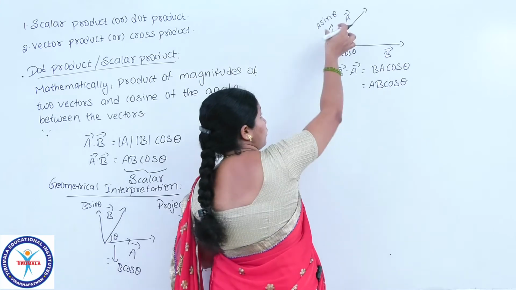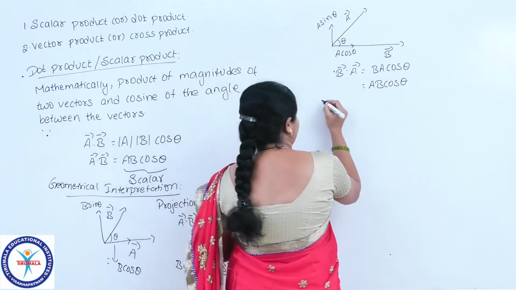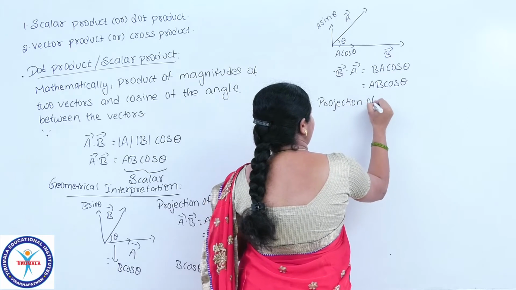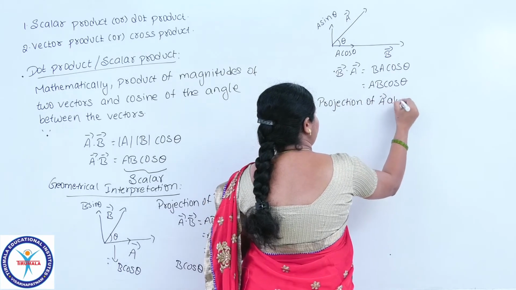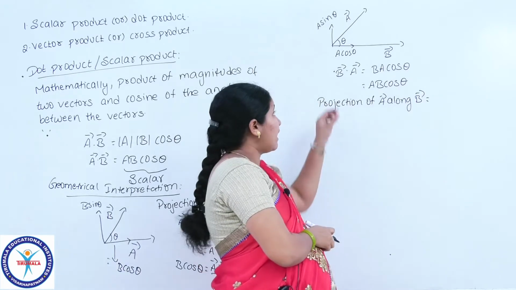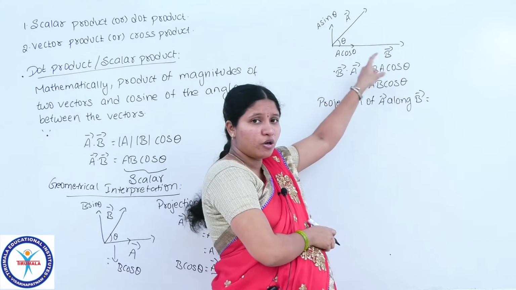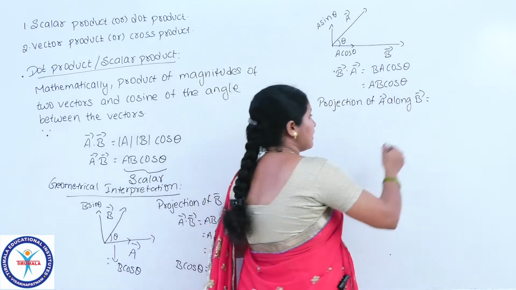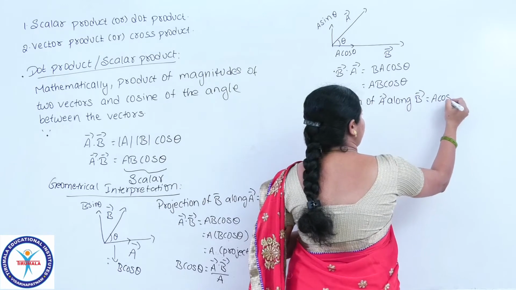Now what is the projection of a bar along b bar? We have a horizontal component along b bar, that is the projection of a bar along b bar, which is nothing but a cos theta.